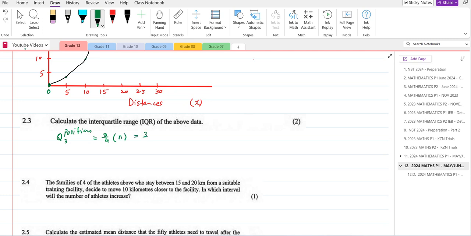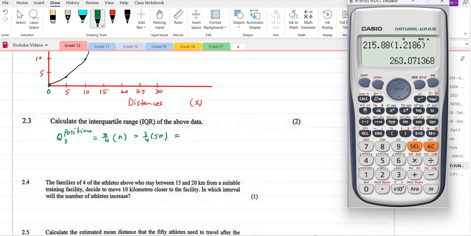What is n? 50, the total number of data. So 3/4 of 50. Supposed to be n plus 1 to get the exact answer, or you can use n because it's just an estimation. It's just a position. So we need to go to the 37.5 position on our y-axis.